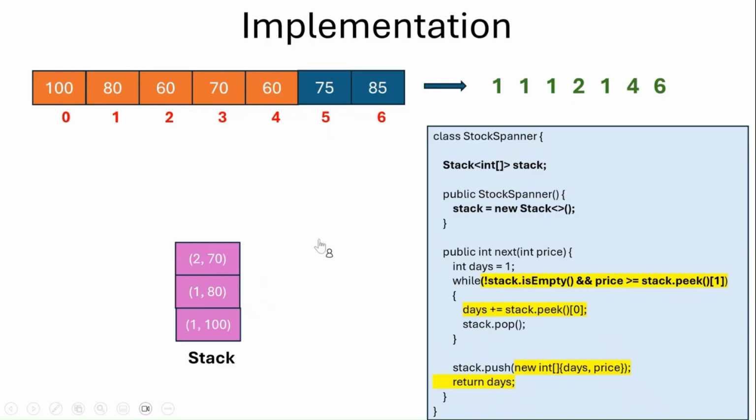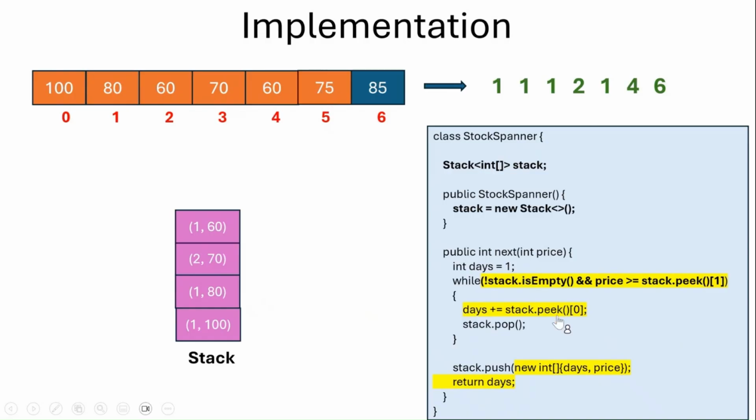And when the next day comes, which is 60, now 60 is not greater than 70, so it will not go into the while loop, and then we'll push that entry for the 60 to the stack, which is 1 comma 60. And similarly for the next day, where the stock price is 75, now 75 is greater than the previous day. It means that there are previous days with the stock value less than or equal to 75.